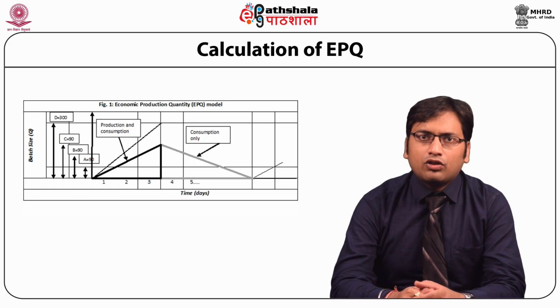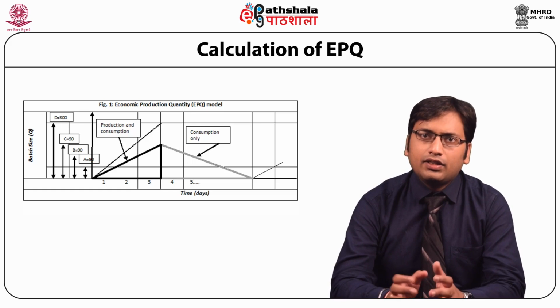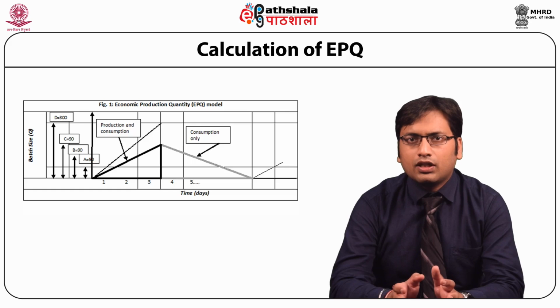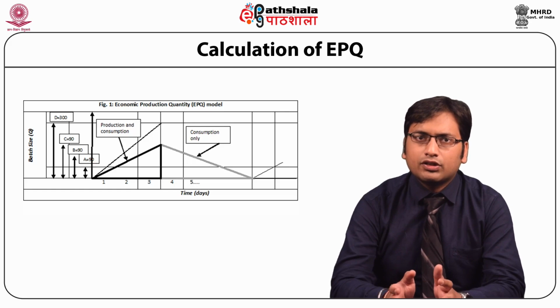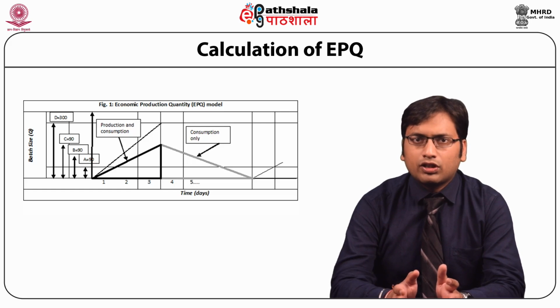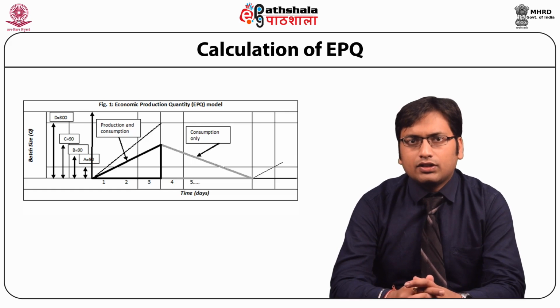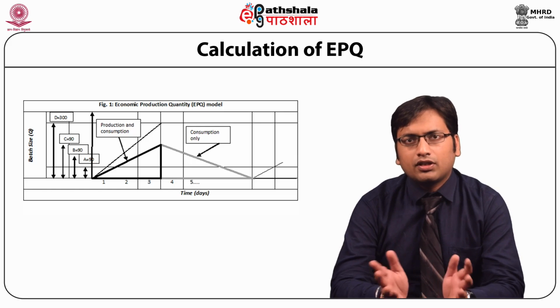If there had not been any daily consumption and only production of 100 units, then the stock build-up would be 300 units, as shown by the dotted line and indicated by capital D. When this stock is fully consumed, the cycle is repeated again.